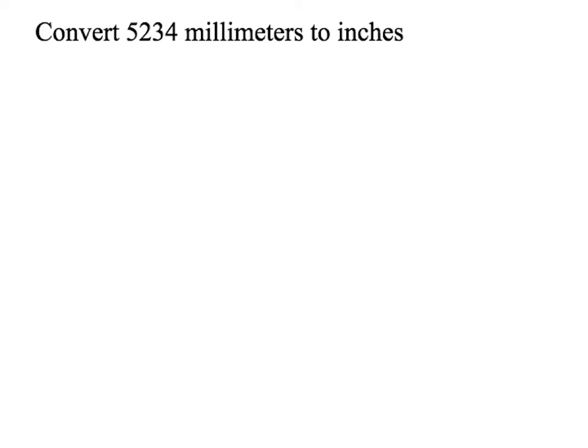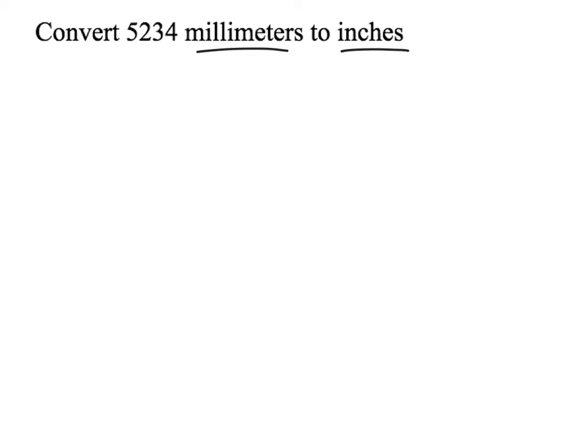So in this example, which says convert 5,234 millimeters to inches, we recognize that there's not one direct conversion factor to go straight from millimeters to inches. You are usually going to be given conversion factors, but it is good to know some off the top of your head so that you can minimize the amount of time you spend doing these problems.